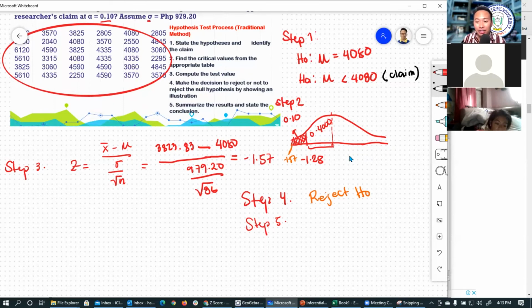There is not enough evidence to support the null hypothesis. That's one way of saying it. But you don't need to end it with a question mark. It's a period. It's a declarative sentence.